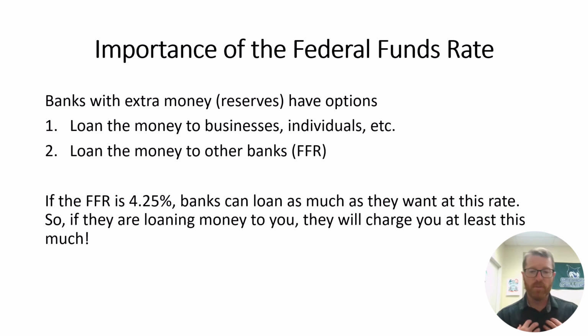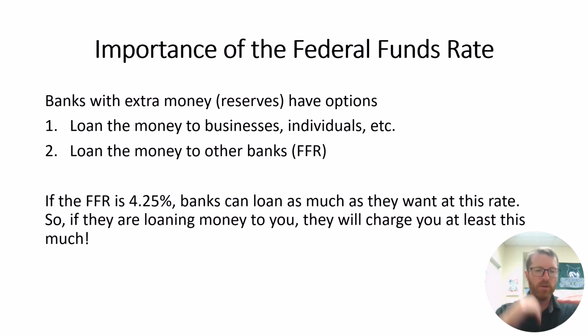If I work for a bank, I can always lend money into the federal funds market. So if the federal funds rate is 4.25%, that means I can loan money to another bank pretty much risk-free at 4.25% interest. Now, if I'm going to loan money to you for a mortgage, I'm always going to charge you more than that because you're risky.